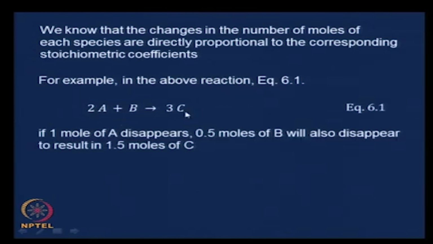If we divide this equation throughout by 2, we get A plus half B gives 3 by 2 C. So if 1 mole of A disappears, half a mole of B will also disappear to result in 3 by 2, or 1.5, moles of C. Therefore, the changes in the number of moles of each species are directly proportional to the corresponding stoichiometric coefficients.